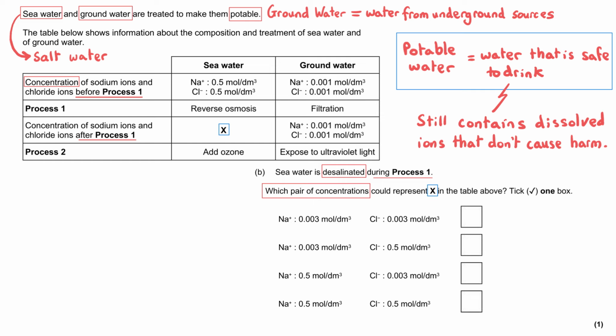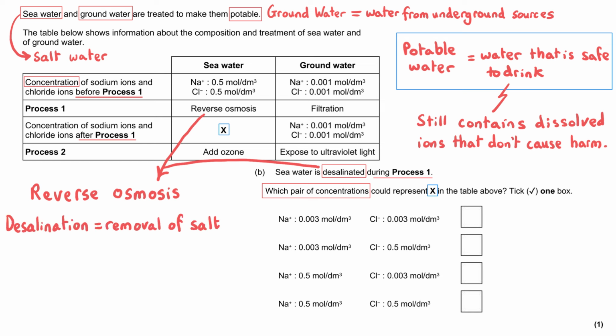Well, process 1 is reverse osmosis, and this, we're told, is desalination. That means simply the removal of salt. And we need to know that salt has the chemical name of sodium chloride, and that has the formula of NaCl. And so if we're removing salt, we're removing sodium chloride.